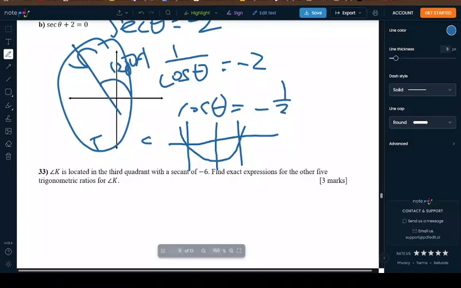So what else gives us the answer? What angle here gives this answer? 360 minus 120 is going to give us 240. So theta is equal to 120 degrees or 240 degrees.